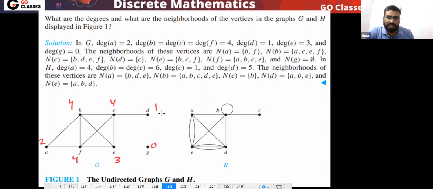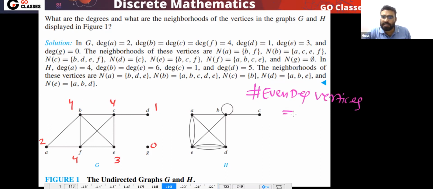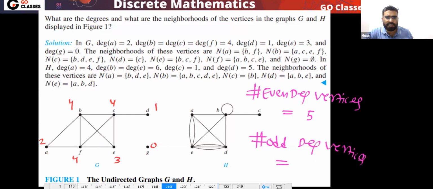How many vertices have even degree? You can notice 1, 2, 3, 4, 5. A total of 5 vertices have even degree. And how many vertices have odd degree? Only 2 vertices have odd degree. So the number of even degree vertices is 5, and the number of odd degree vertices is 2.